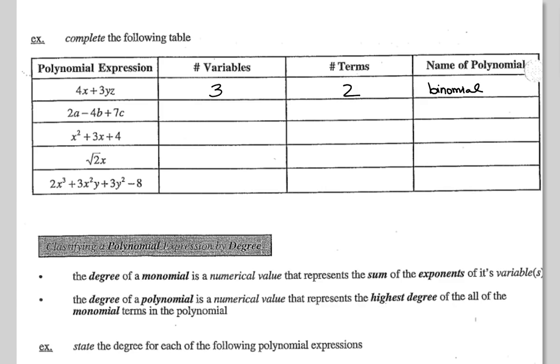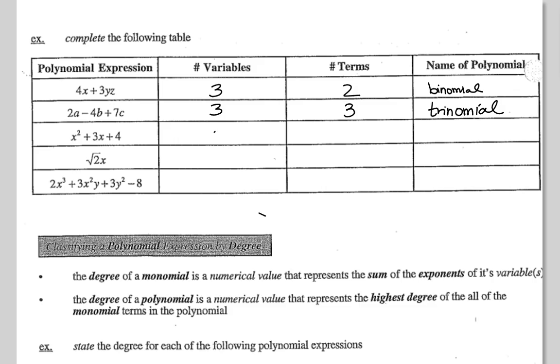Bi meaning two, like a bicycle, two wheels. Now the next one, how many variables has it got? A, B, and C. But there's three terms, so it's called a trinomial. Very nice, you guys. This is a bit of a review, is it? Feels like it, right?